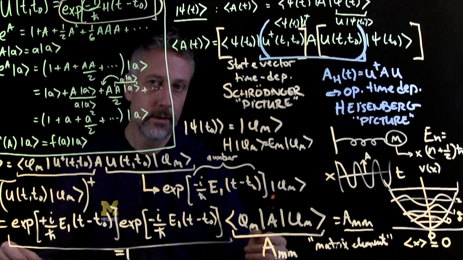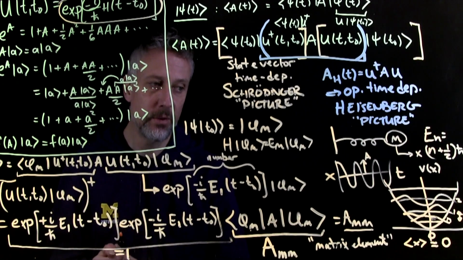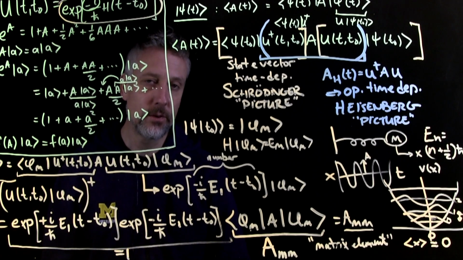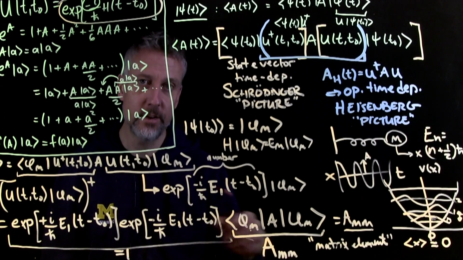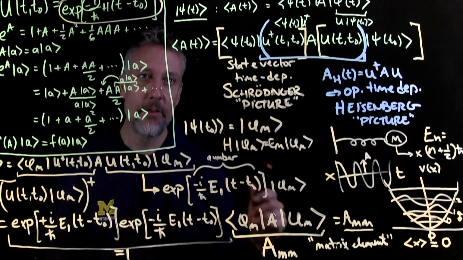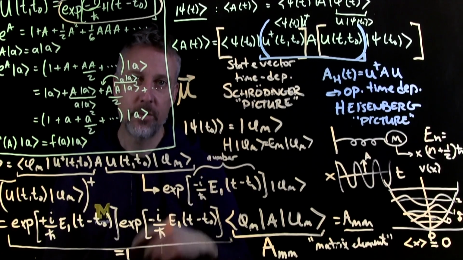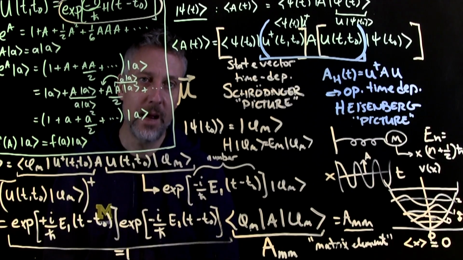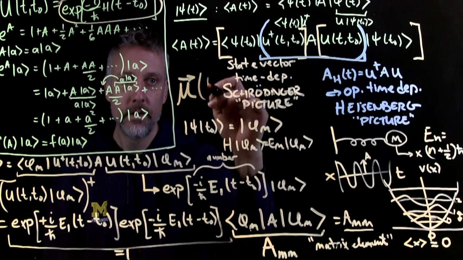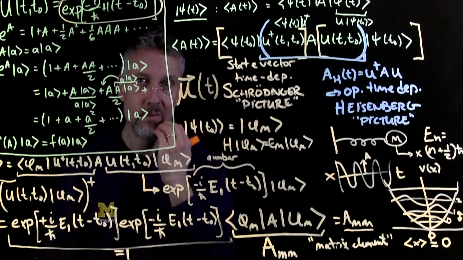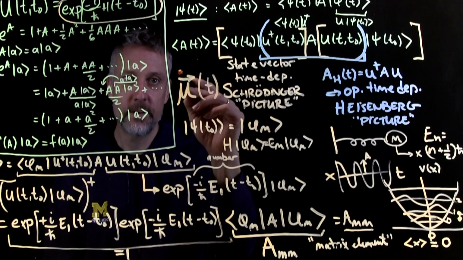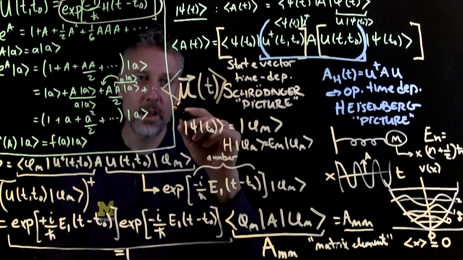So we need to get our heads around superposition and what does it really mean? It means a couple of different things, but the thing it means for spectroscopy is that there's going to be some time dependence to operators, to their expectation values. The one we care about the most is the dipole moment. Because if the expectation value of the dipole moment evolves, then this is what we call a polarization.